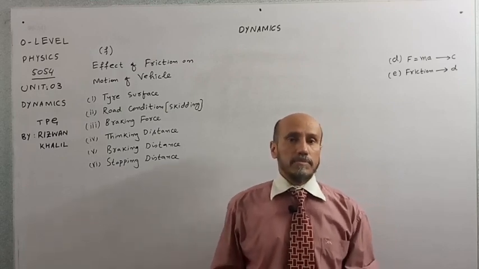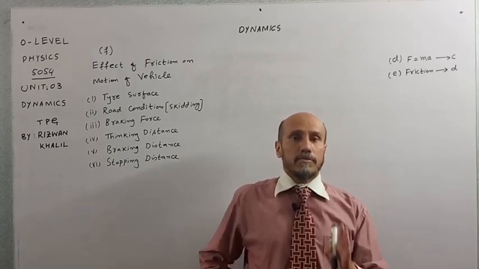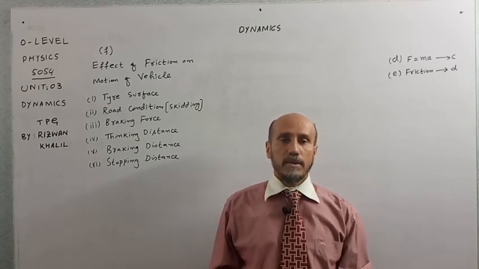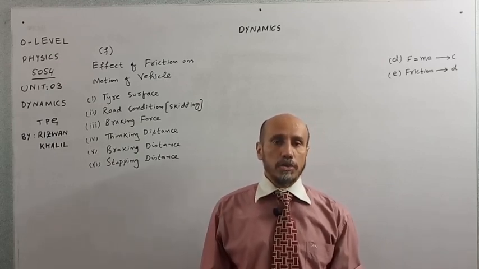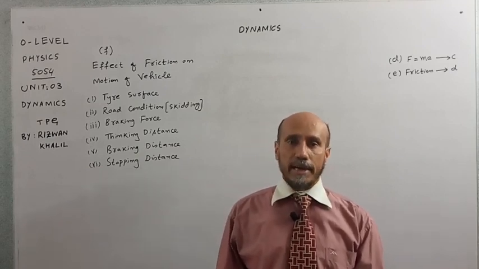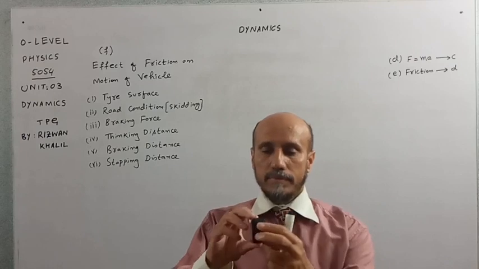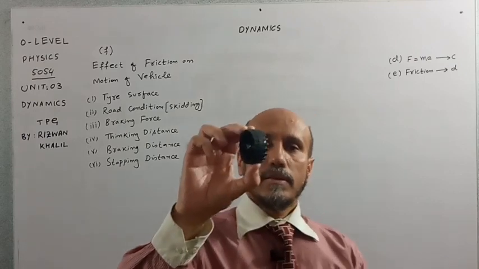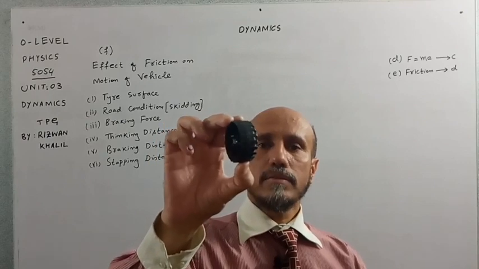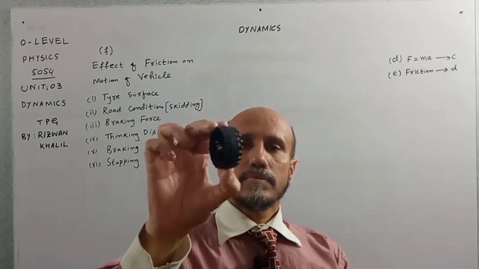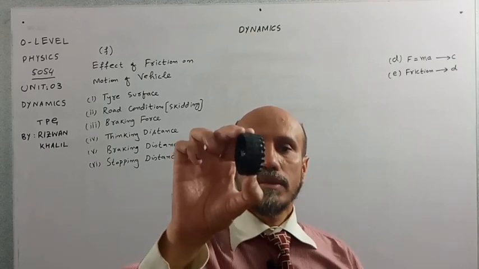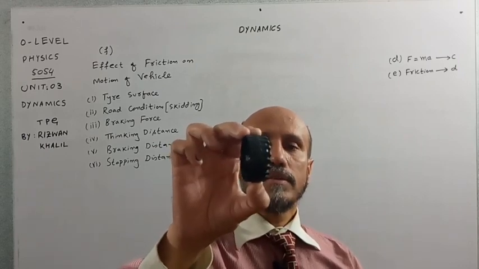The first parameter on which friction affects the motion of a vehicle is the surface of the tire. Now I will show you the two surfaces of the tires. Number 1, can you see the proper design on the surface of the tire? These are the proper designs, threads on the surface of the tire.